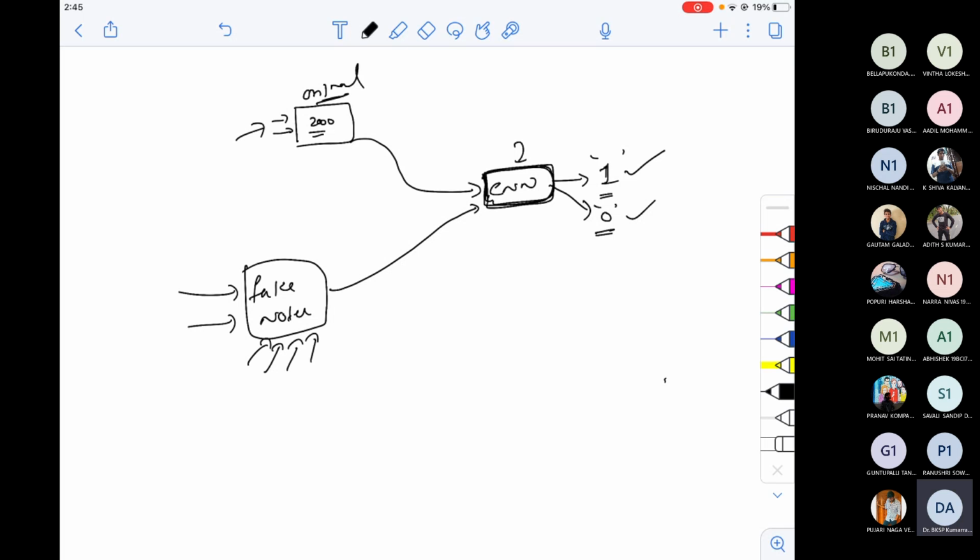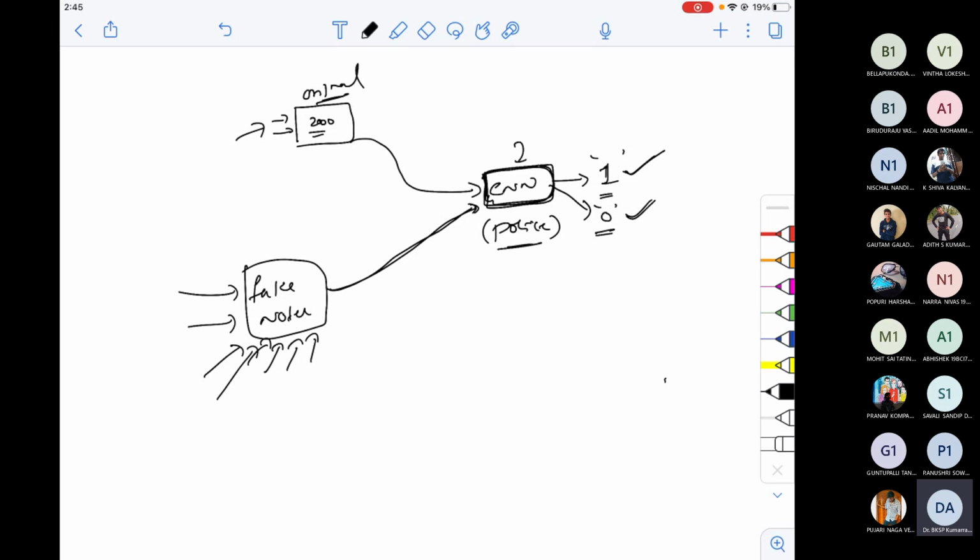Okay. So now I want my person who is creating fake notes to fool the police. Who is the police here? The CNN. Once this fake note guy gives a fake note to the police or a bank person, the police or the bank person should correctly identify whether it's a fake note or a genuine note.